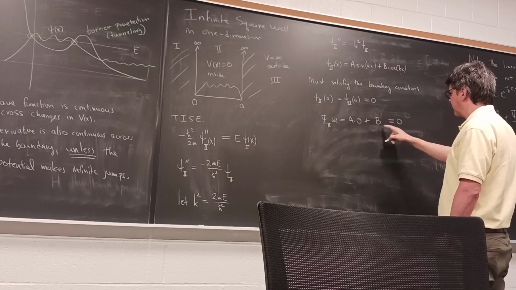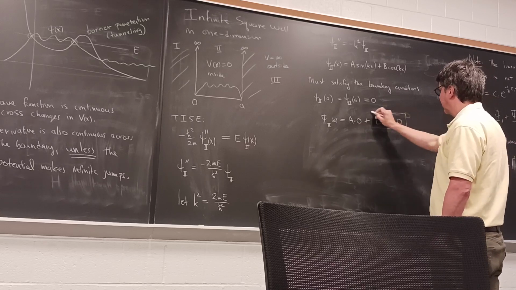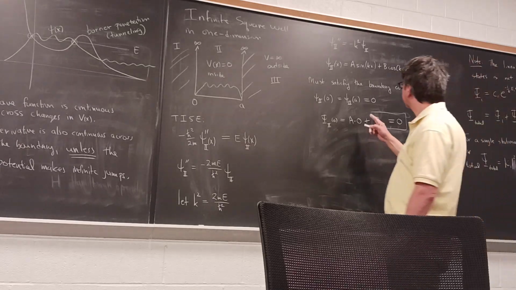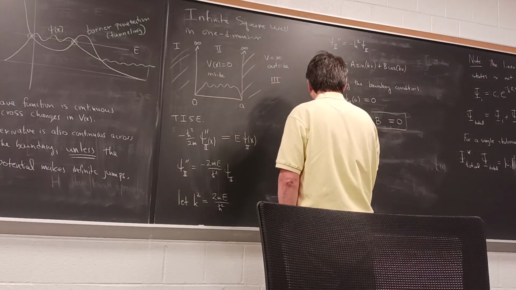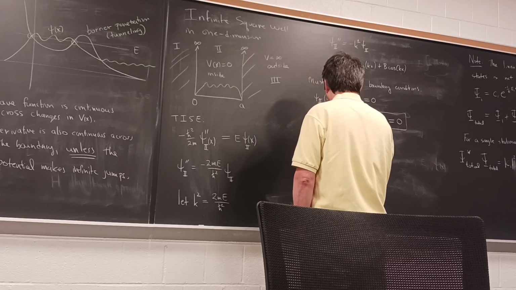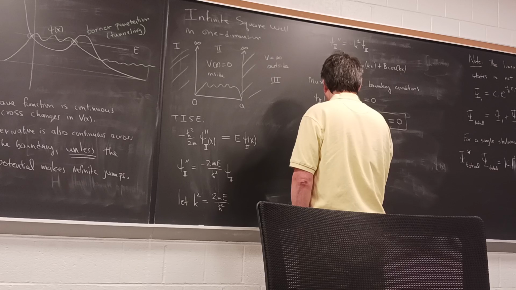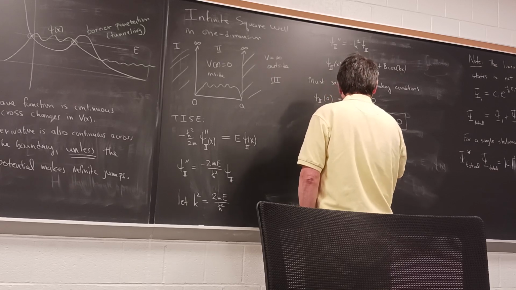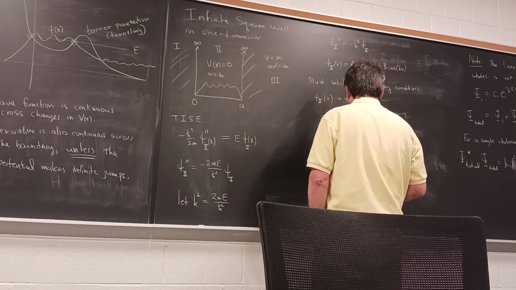But B, that just means B equals 0. So we do find that there's no cosine component here. We can just write the solution as psi 2 of x is equal to A sine kx.